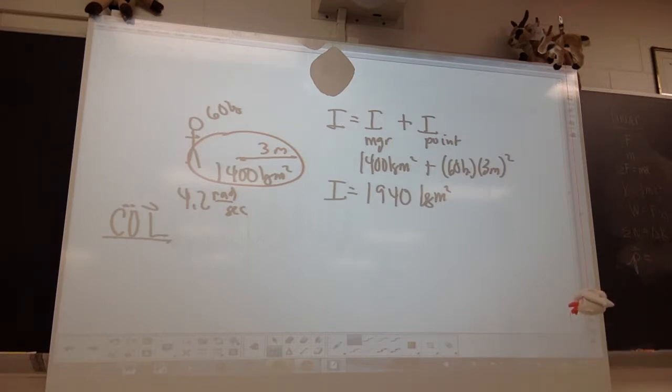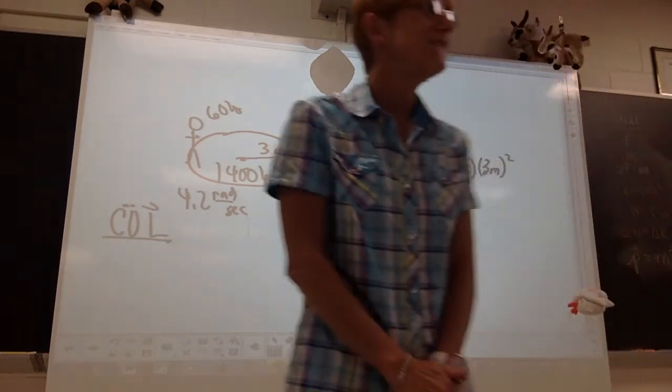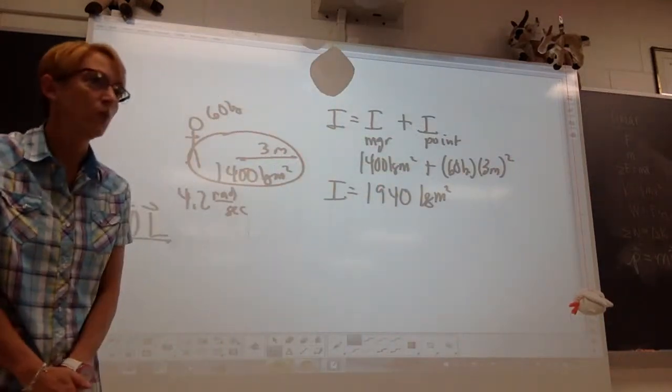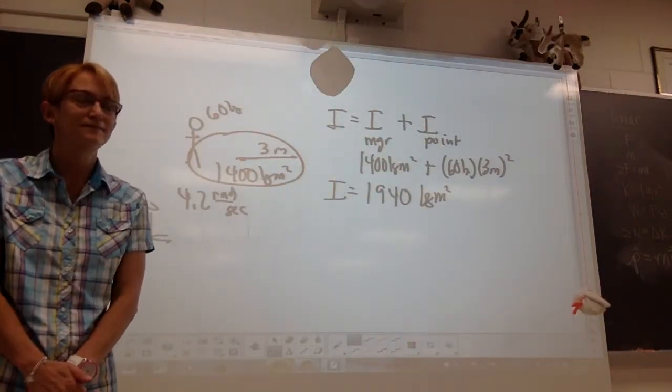For regular old linear momentum, it's mv. So playing the game that we are getting used to: linear momentum is P, angular momentum is L. Instead of m's, we write I's. Instead of v's, we write omega. It's not a w, it's an omega.